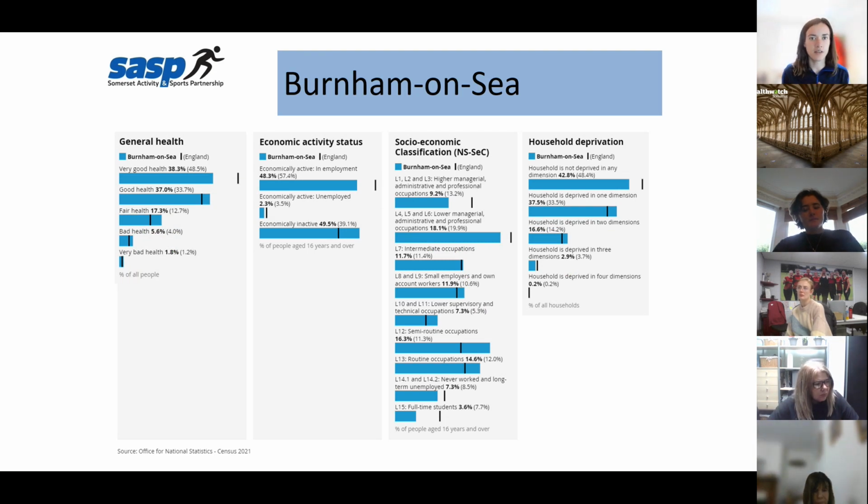So now that adds to the data that we said around health. Fewer people than the national average are saying they've got very good health. We've got fewer people who are economically active. But we also have fewer people that are long-term unemployed and fewer full-time students. So it's thinking about what's going on for these people and how it is related to their health and well-being.